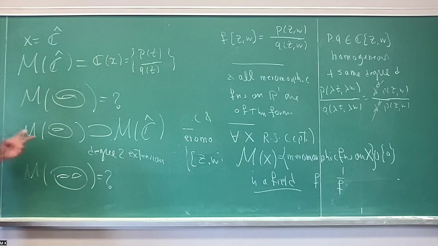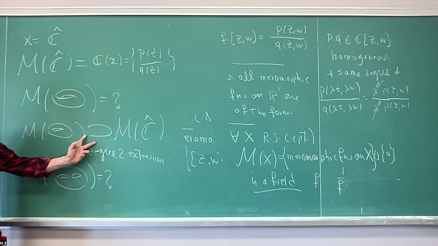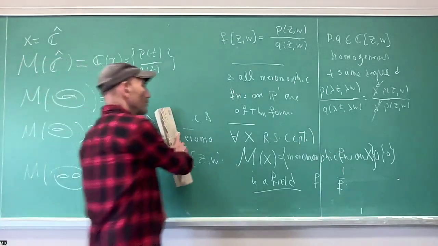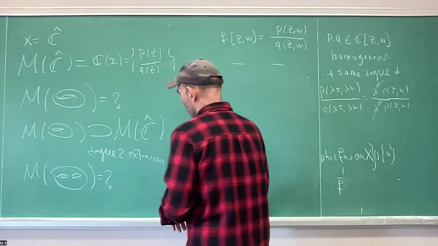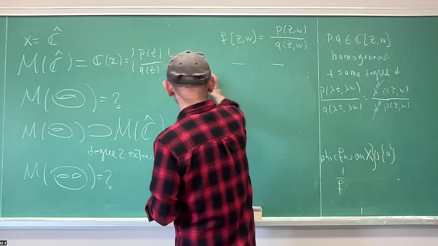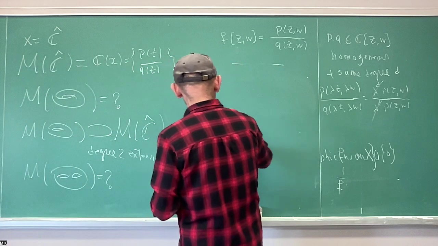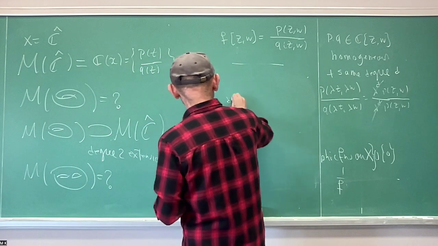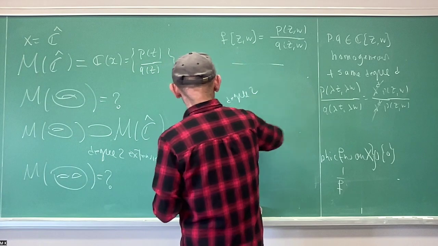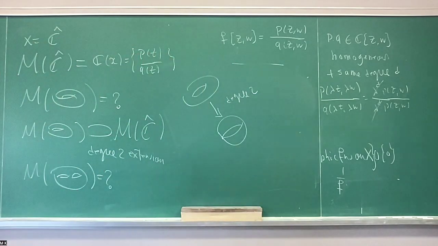Now, by the way, this extension comes from a ramified covering map, which we'll discuss soon. So this comes from a map which goes like this. We construct a map from here into the sphere. So it's a degree 2 map, a ramified cover. This doesn't have to make sense for you now, but you will soon see.